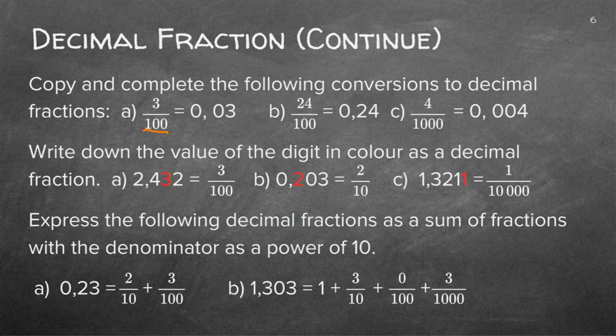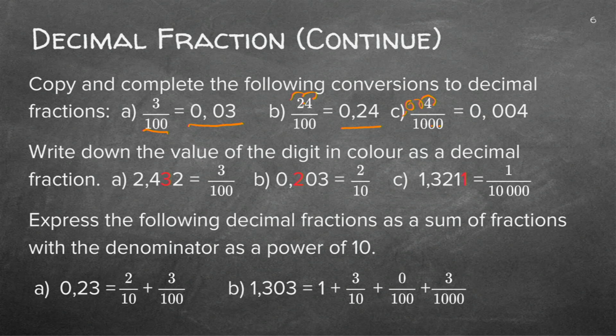So 3 over 100 would be 0,03. 24 over 100 would be, again, 0,24. But 4 over 1,000, you're going to move it, so it's going to be 0,004.